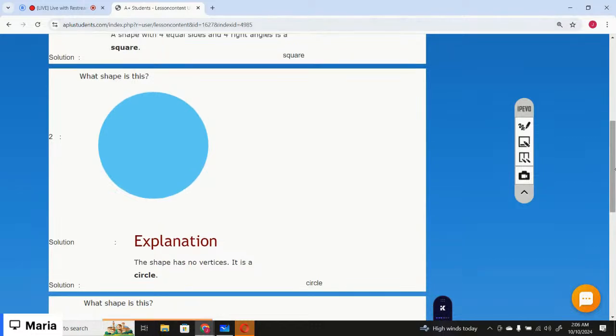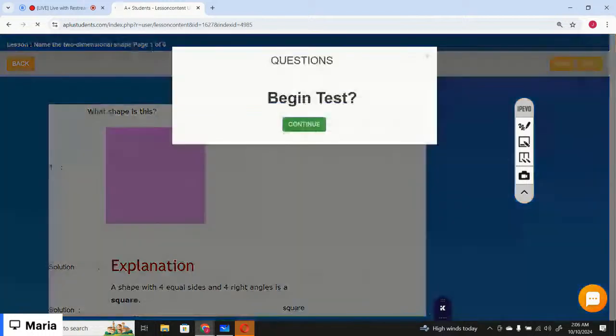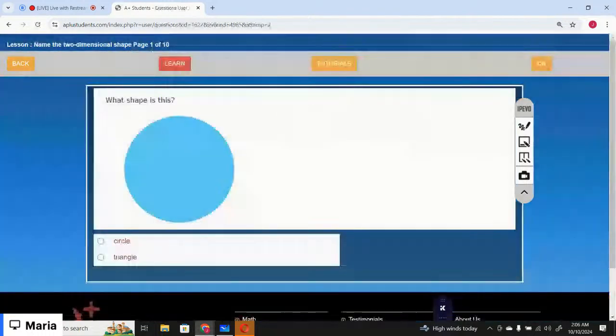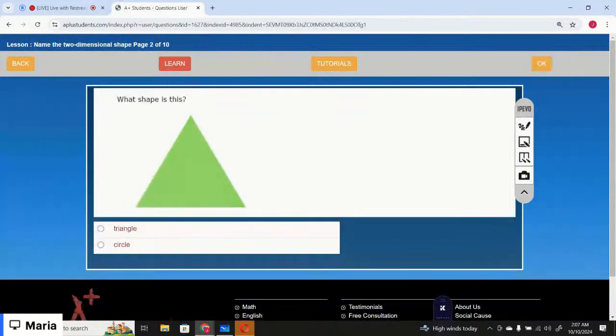Okay, let's just start with the test questions. What shape is this? The correct option. Circle it is. Option number one is the correct option. Okay, what shape is this? Which is the correct option?